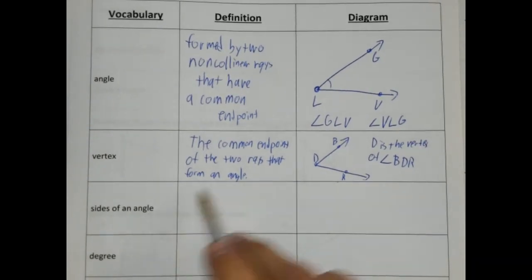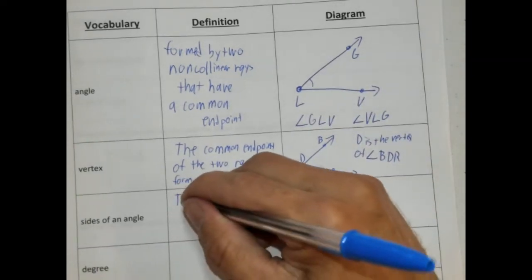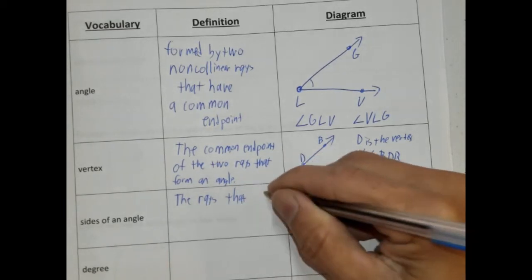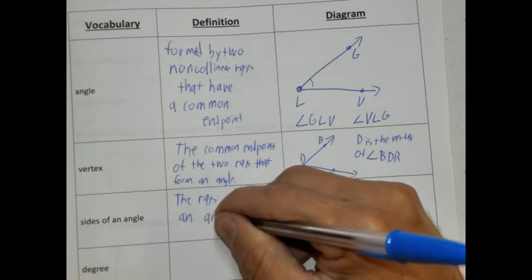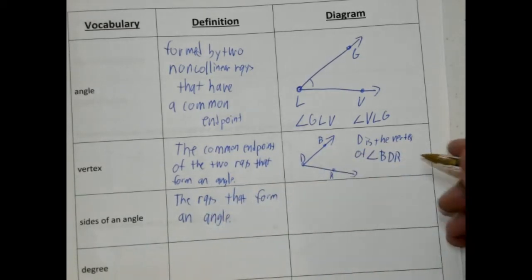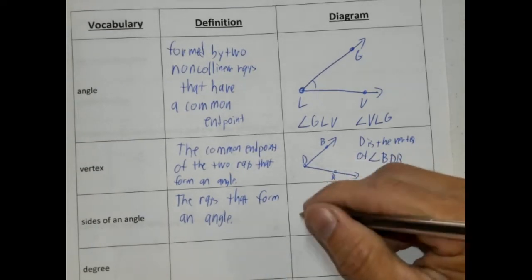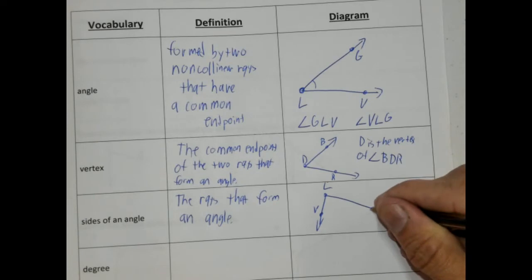Okay, the sides of an angle. The sides of an angle are actually these rays here. Those form the angle. So we're going to say the rays that form an angle. Okay? So we give another example here. Let's make another ray. Let's go with VLM.